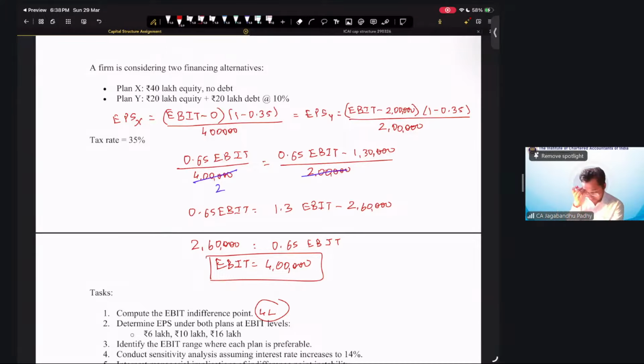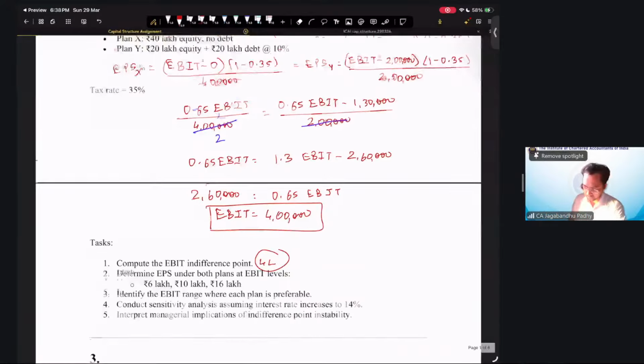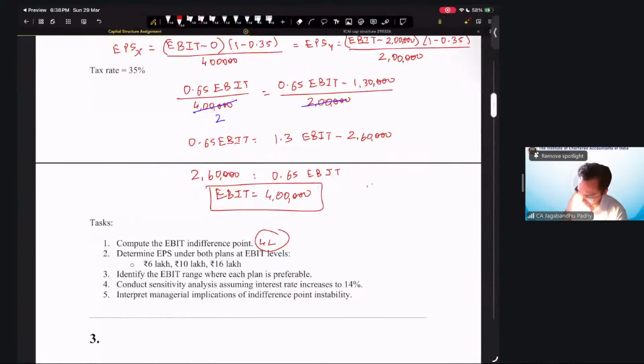And then we compute EPS under both plans at EBIT levels, for X and for Y. Let me quickly do it in Excel so that we can obtain the answer quickly.